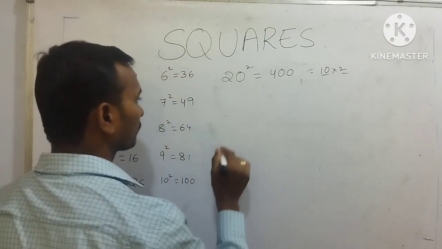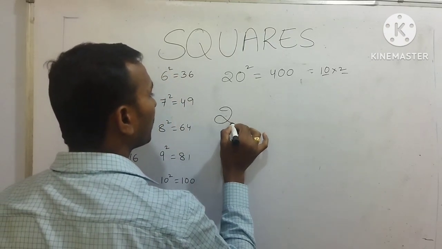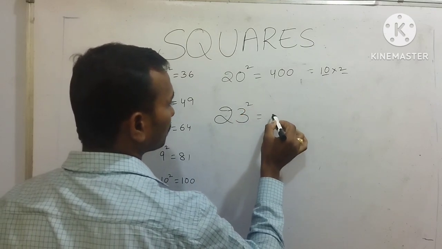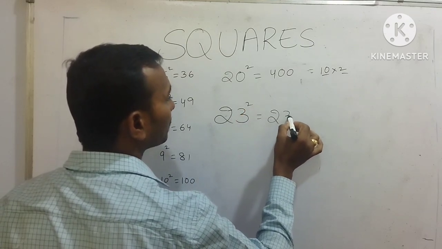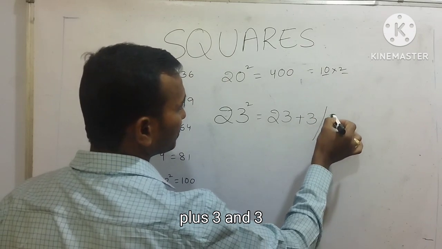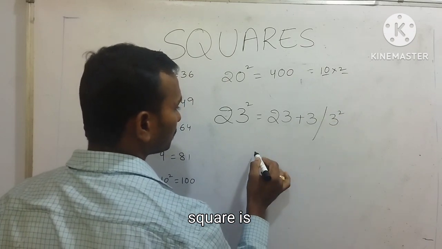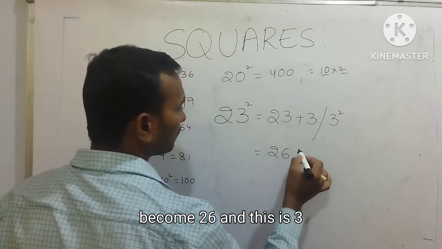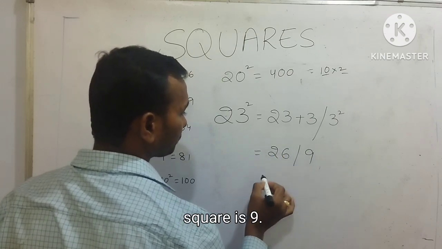Similarly, 23 square. 23 plus 3, and 3 square. This becomes 26. And 3 square is 9.